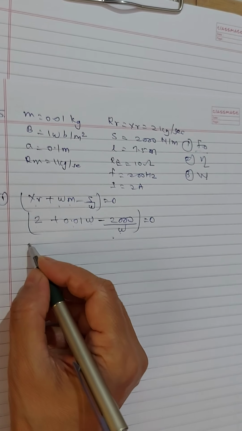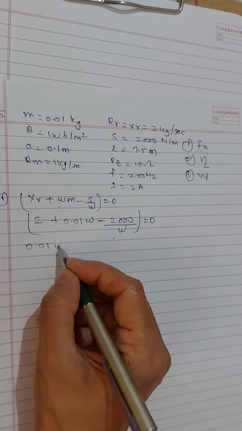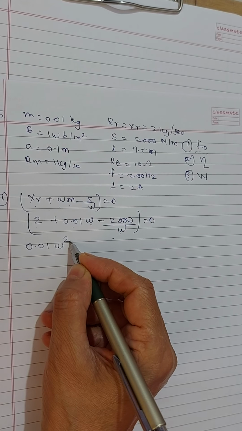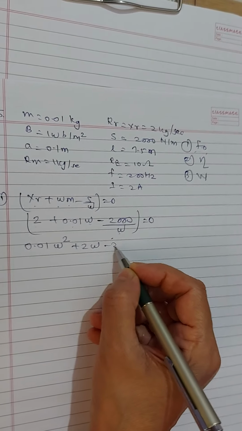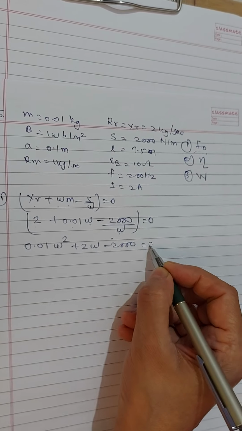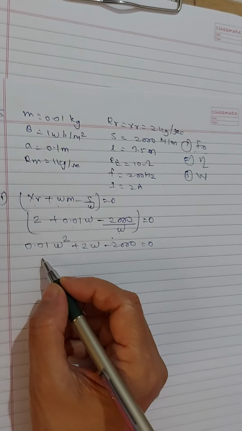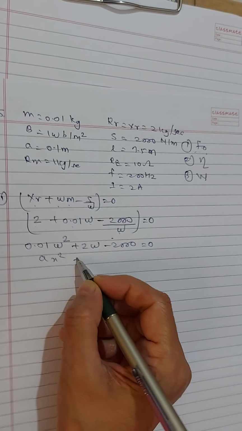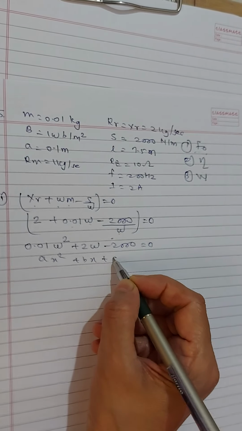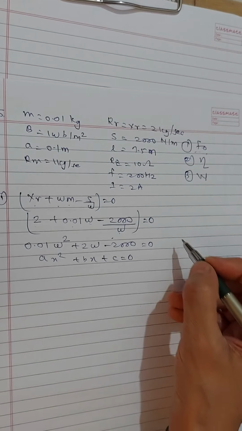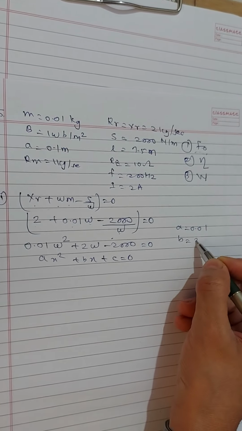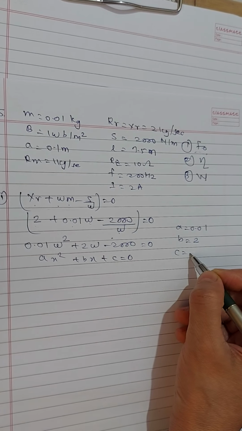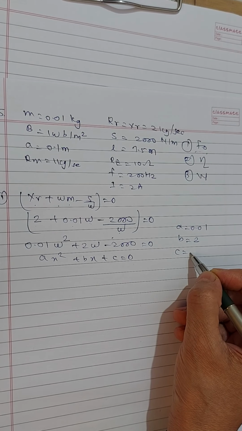So what is the equation then? 0.01 omega square plus 2 omega minus 2000 is equal to 0. This is as good as ax square plus bx plus c is equal to 0. How much is a? 0.01. How much is b? B is 2. How much is c? C is minus 2000.